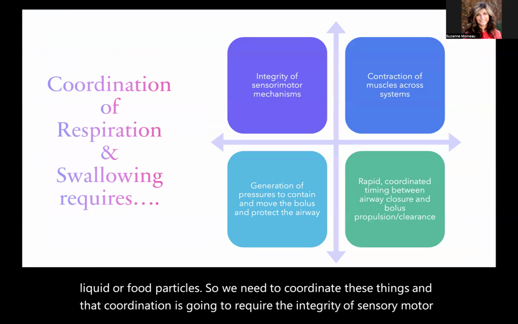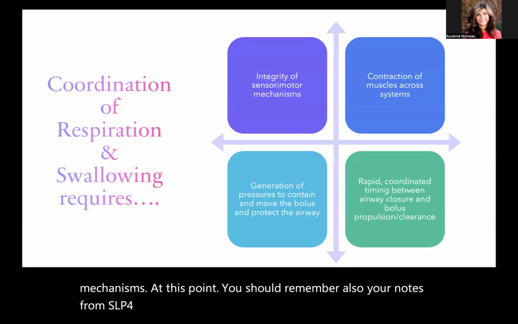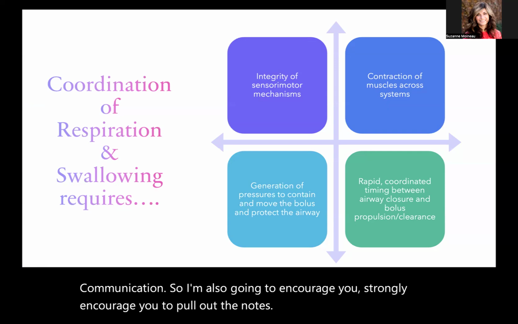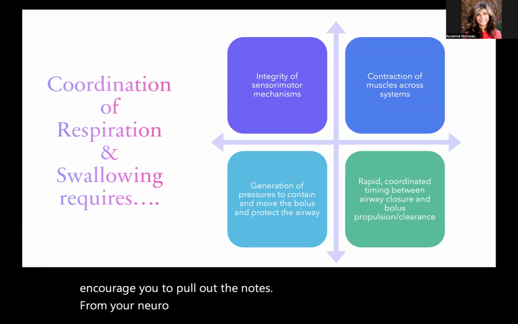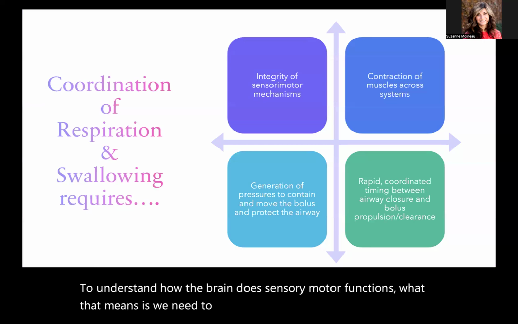At this point, you should remember also your notes from SLP 491, the neural correlates of communication. So I'm also going to strongly encourage you to pull out the notes from your neuro class to understand how the brain does sensory motor functions. What that means is we need to have structures within the respiratory and swallowing system, right?